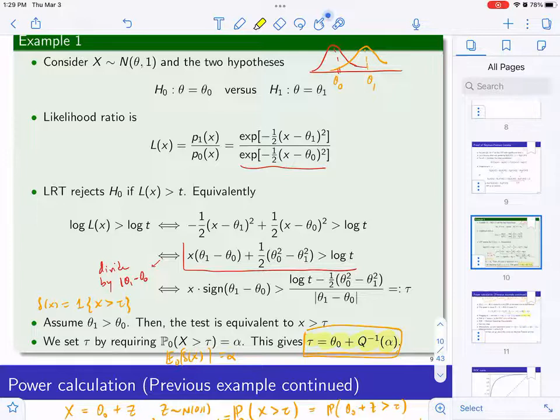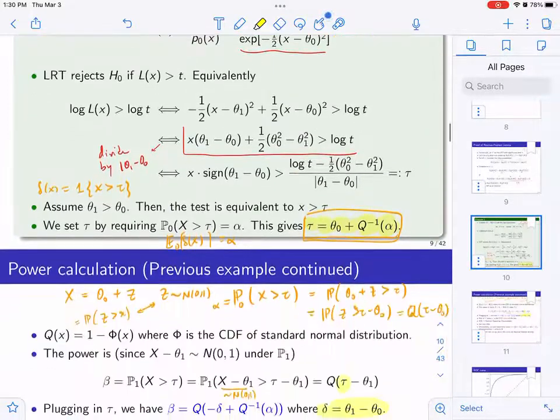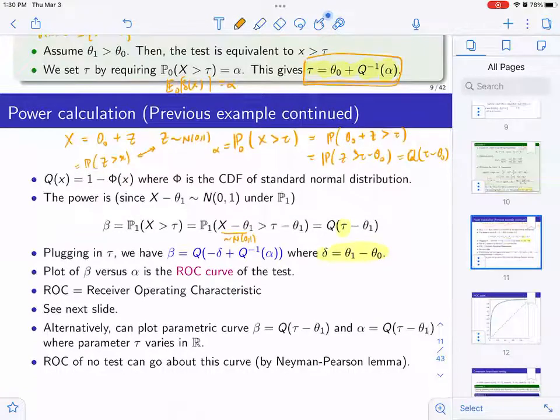The standard deviation of the noise is 1, and theta 1 minus theta naught is the signal, so this is the SNR, a measure of signal to noise. So you can imagine if delta is small, the problem is harder. If delta is big, the problem is easier.